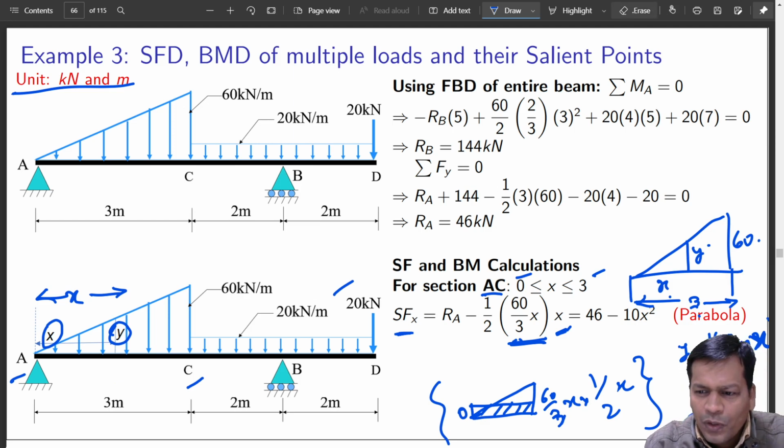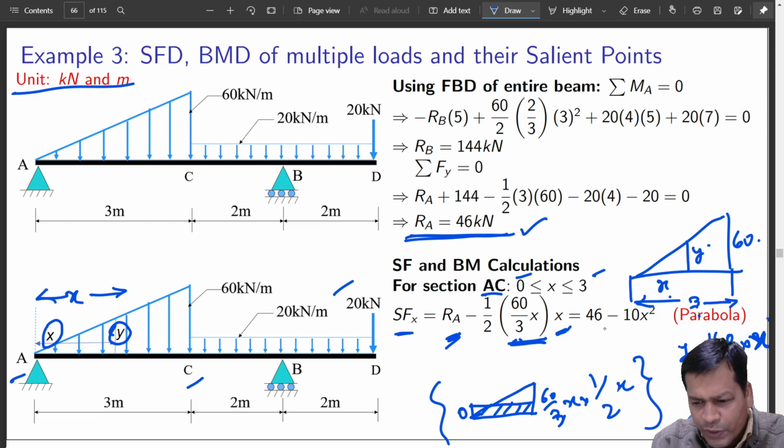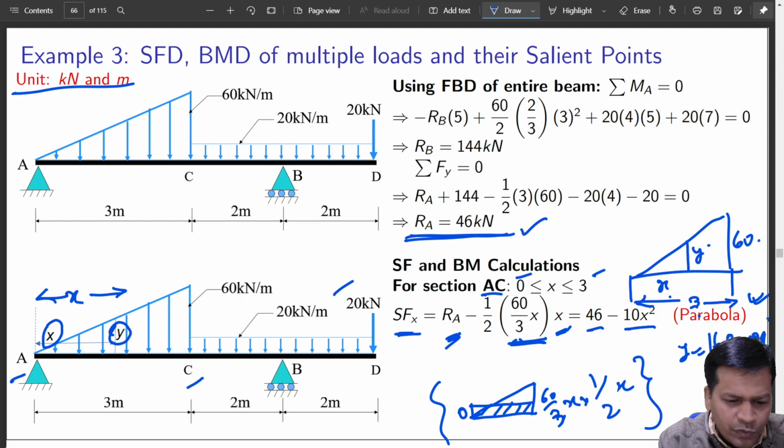Very good. Moving ahead, you substitute the RA which you have found here. What you get is 46 minus 10x squared, and that gives you the equation of a parabola. So shear force between A and C will vary as a parabola, as expected.